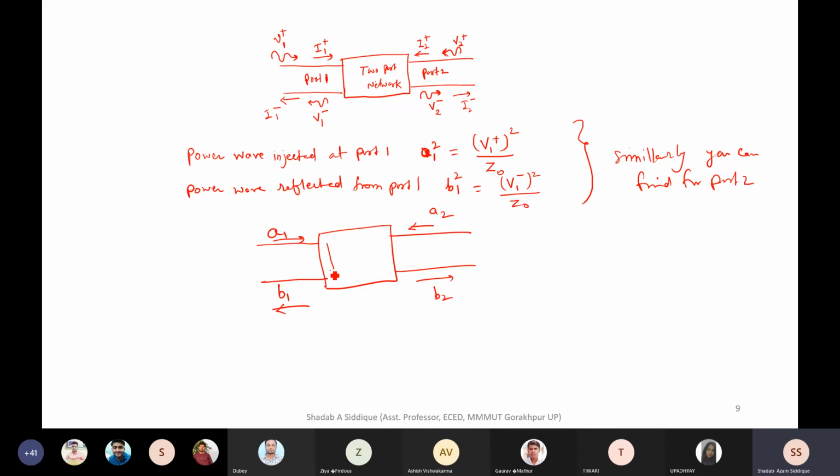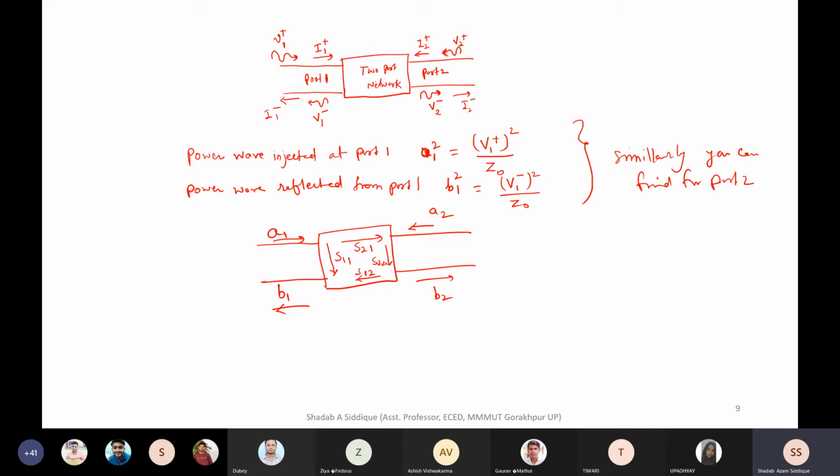So from A1 to B1, that will be represented as S11. This is represented S21, this is S22, and this one is S12. Okay, we will see what these are. That is our concern.